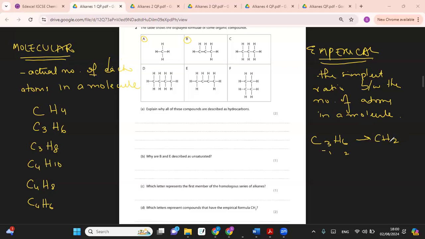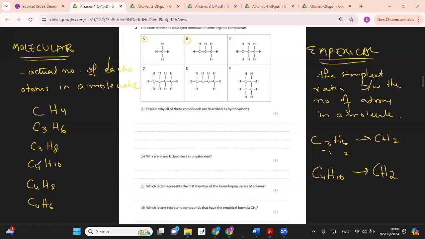So over here we have C3H8. Again, I cannot simplify it any further, so C3H8 is how it's going to be. But in C4H10, can my empirical formula become CH2?